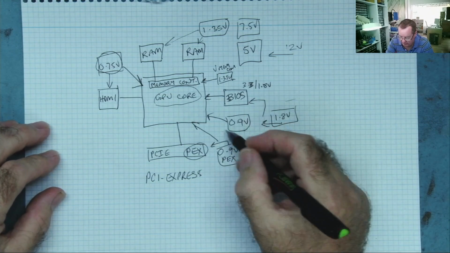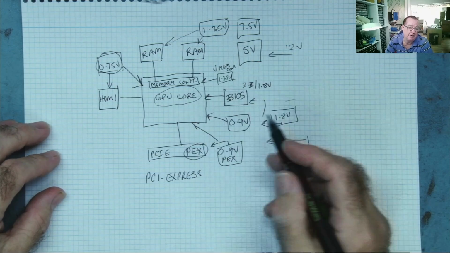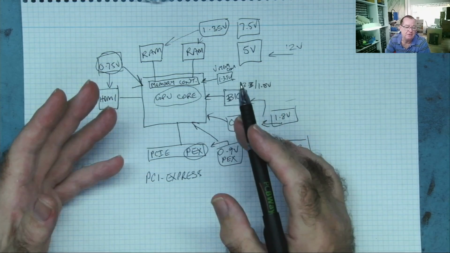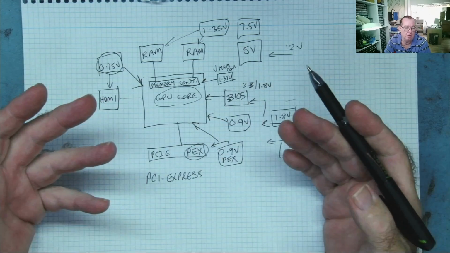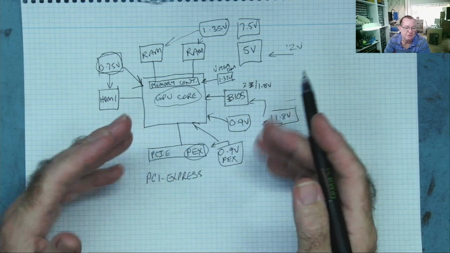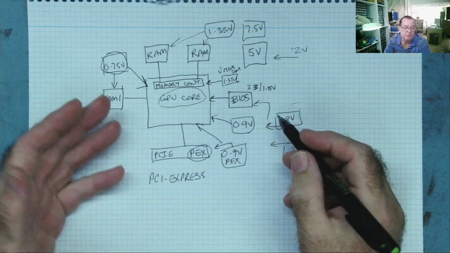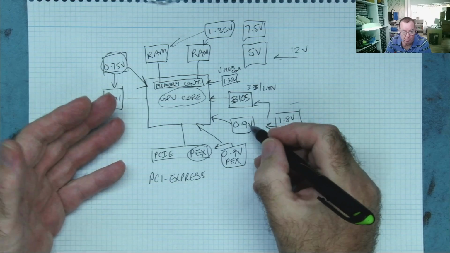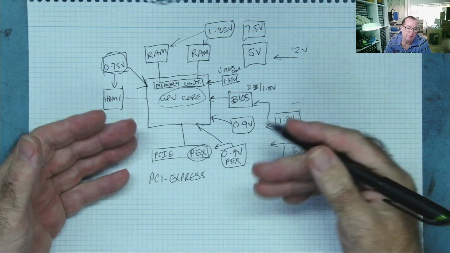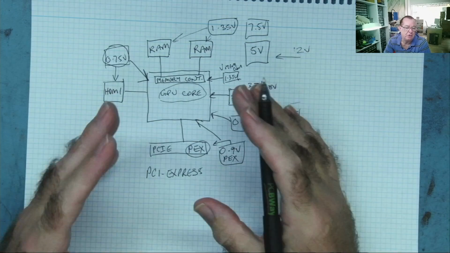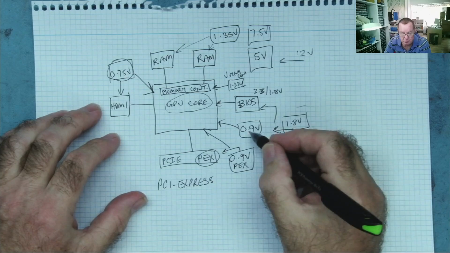The voltage supply to the core, and for that matter the RAM, are generally controlled by the GPU. So the GPU itself, once it's running, can change the voltage supply to itself and to the RAM. Usually this one might be like 0.9, maybe 0.8 something. But when the GPU starts running, particularly after the drivers are loaded, this will usually change.